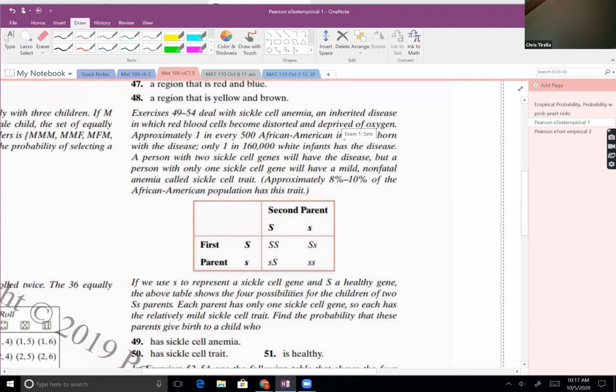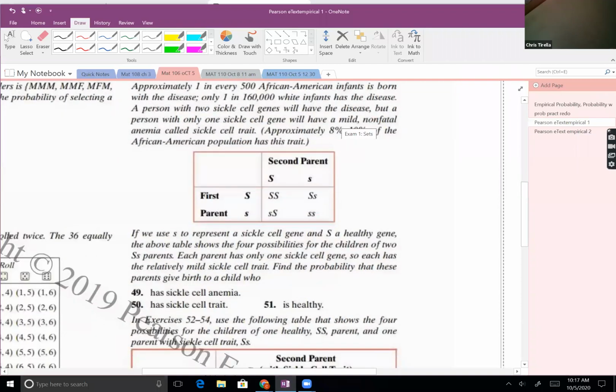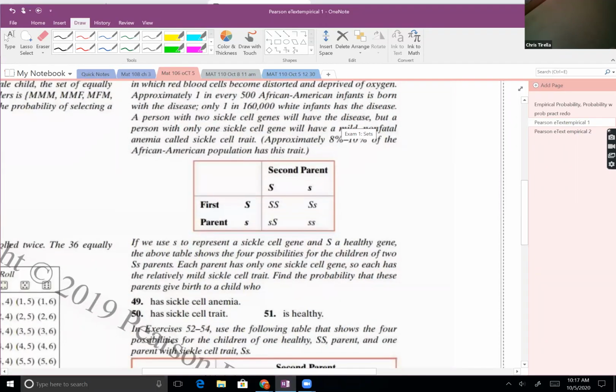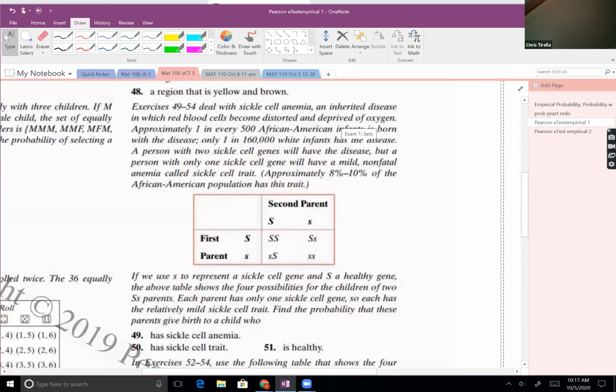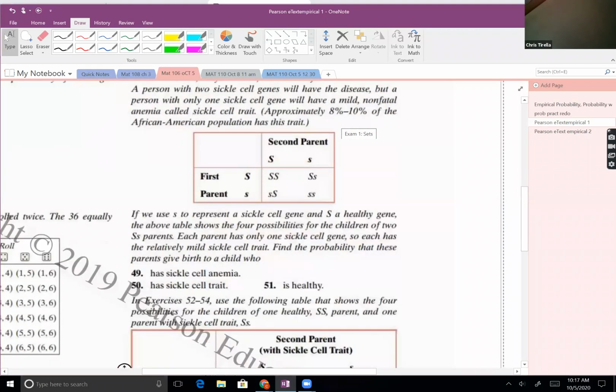Only 1 in 100,000 white infants get the disease. A person with 2 sickle cell genes will have the disease, but a person with only 1 will have a mild form. So little s is the sickle cell gene, big S is a healthy gene.